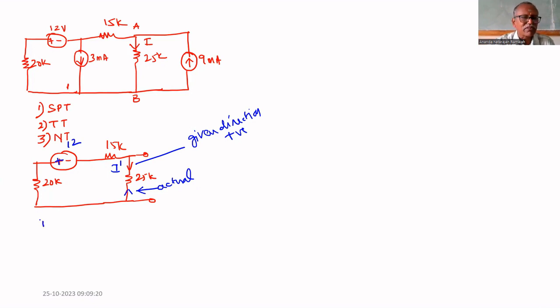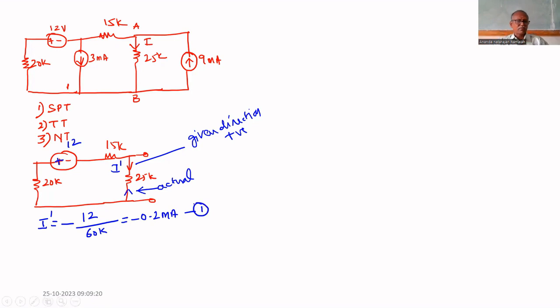Therefore, I dash equals minus. Why minus? The actual direction is opposite to the assumed given direction. That's why minus. What is the value? 12 volt divided by total resistance 20 plus 15 plus 25, 60K. 12 by 60K equals how much? 0.2 milliampere, so minus 0.2 milliampere.